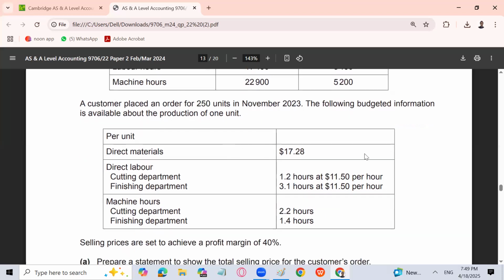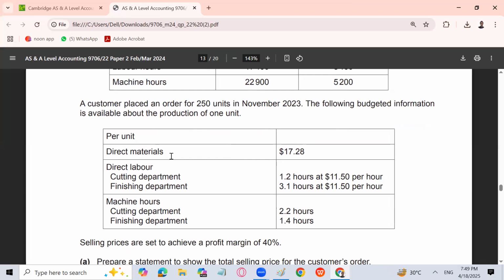A customer placed an order for 250 units. The following budgeted information is available about the production of 1 unit. This question basically wants us to prepare the price to be quoted to the customer, which is also known as job order costing. The order has been placed, and the data is given for 1 unit.